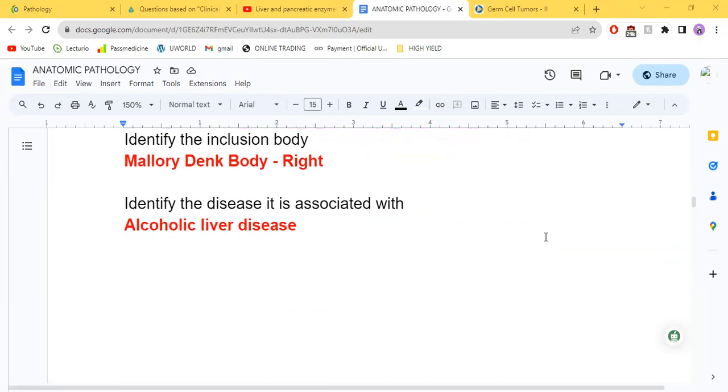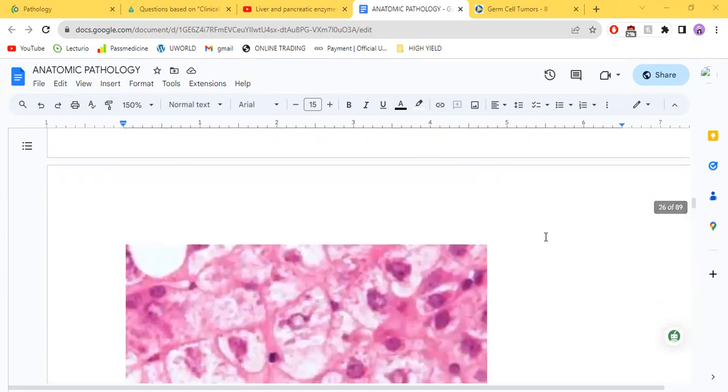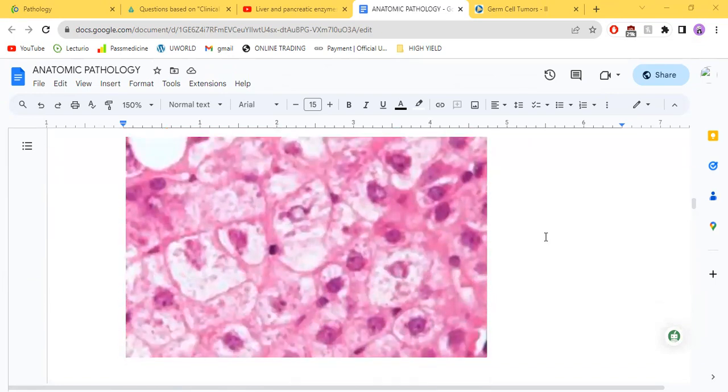Now, below that, the next question, there's an almost similar appearing pathology, but it's a bit different. What could this pathology be?